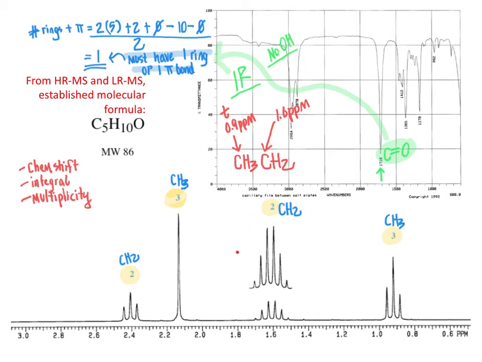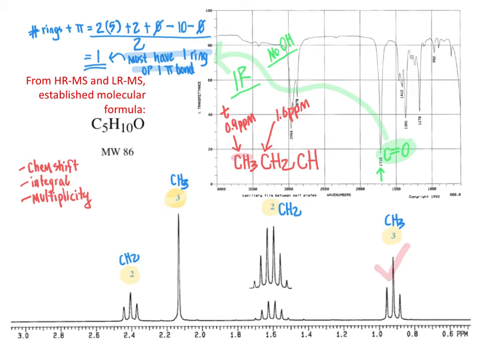This signal, though, exceeds a quartet, which means there have to be additional hydrogens that are vicinal to this CH2. And the way that we can accomplish that is by plugging in another carbon into the chain and attaching vicinal hydrogens there.